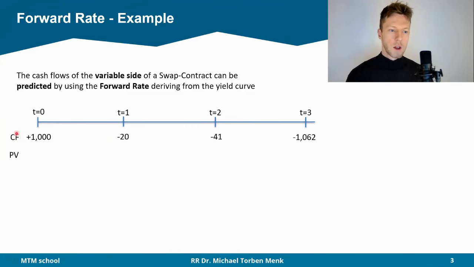We have a contract of a volume of 1,000, whatever this is, dollar, euro, yen, put something behind it. So 1,000 make $1, and we first have the spot rate of 2%, meaning we have to make a payment of 20 euro, or we will receive a payment, depending on which way we look at the swap contract.